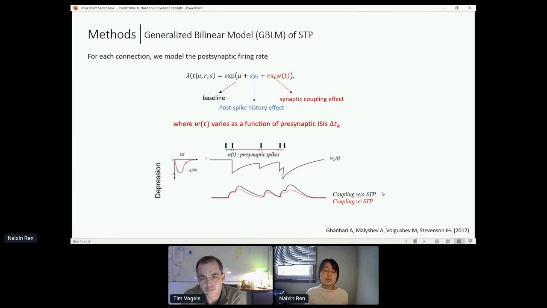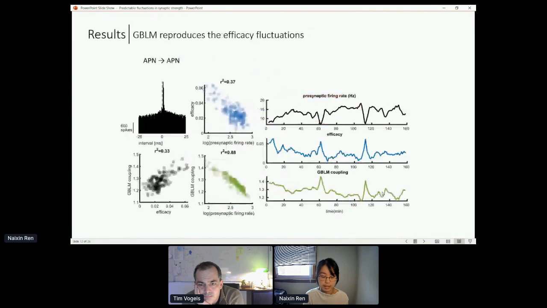So here we use this model of STP to fit all the connections, and we would like to see whether the estimated coupling using this model is able to reproduce the relationship between efficacy and firing rate. And here again, let's take a look at this example of the depression case.